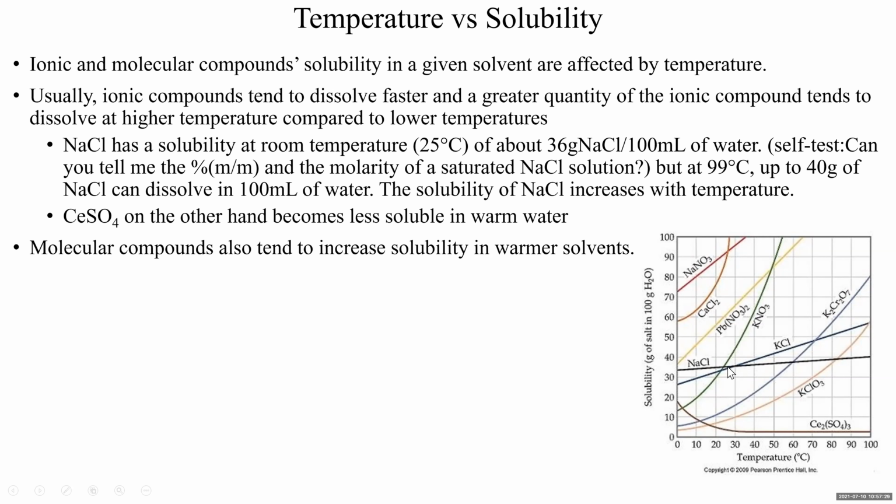So at a temperature of 25, you're on the line at 36 grams. At 25 degrees Celsius, a saturated potassium dichromate solution would be about 13 or 14 grams, because you'd be right on the line. Wherever the line is, that represents the saturation point for that given temperature.